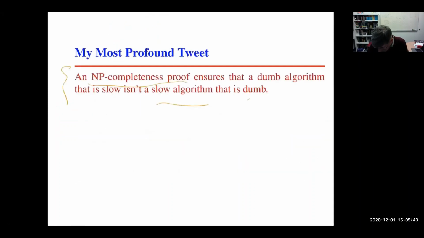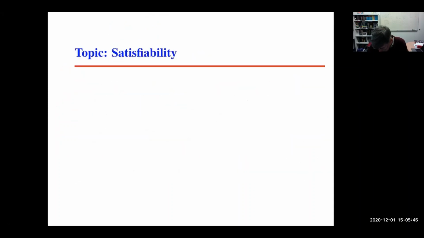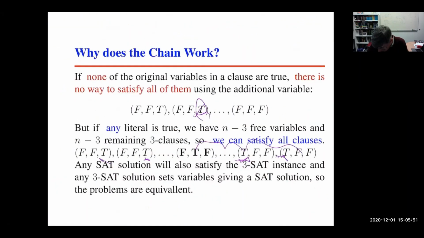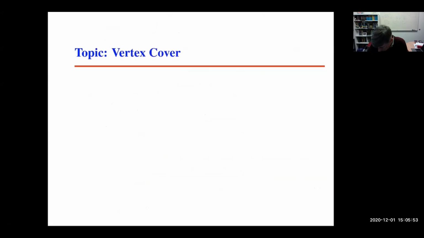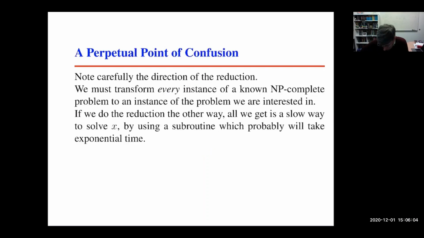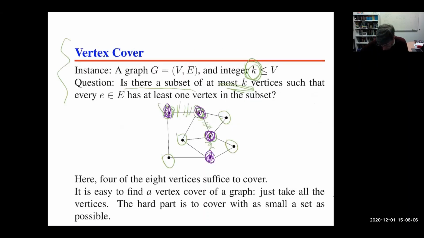So if that's clear, I want to go back to the reduction quickly that I did at the end of class last time, to make sure people understood the basic strategy of it. That's all that I'm going to demand. I went through the details. I showed the problem of vertex cover.